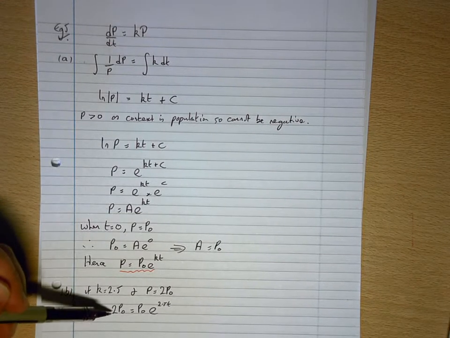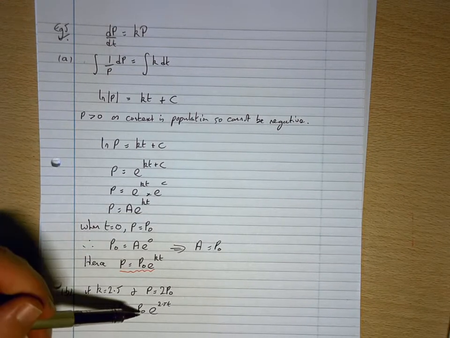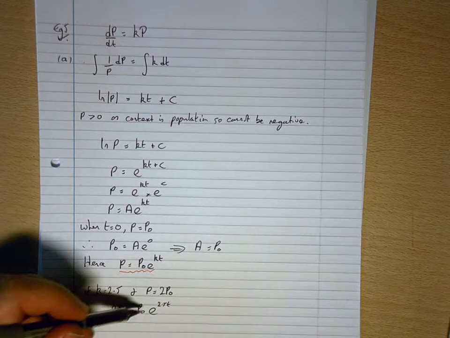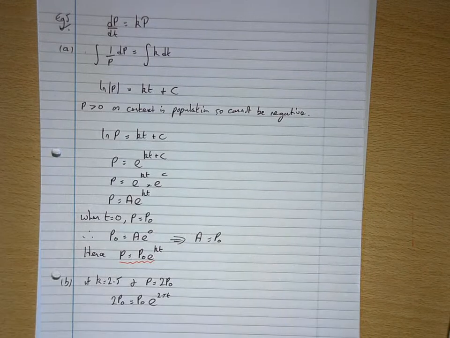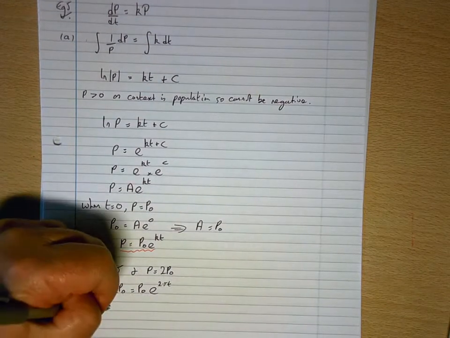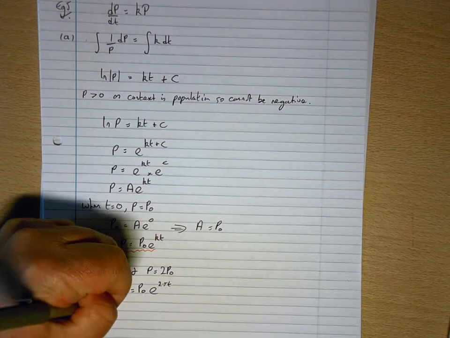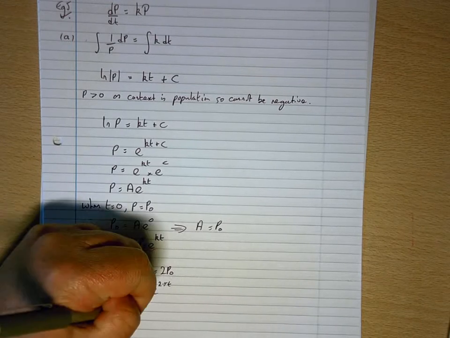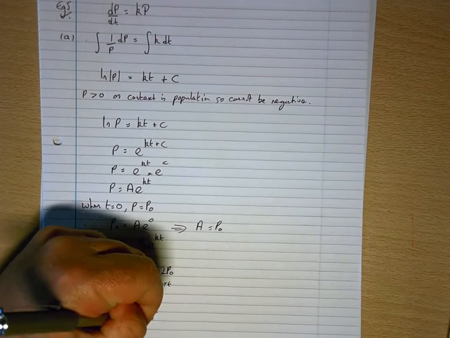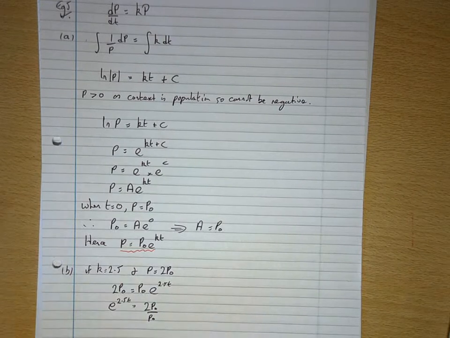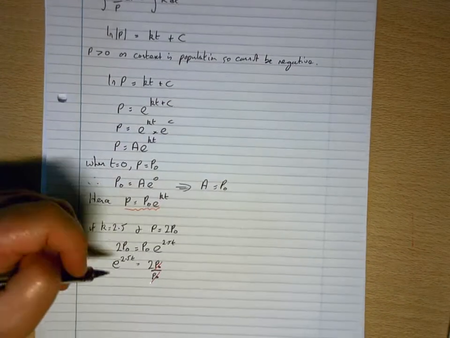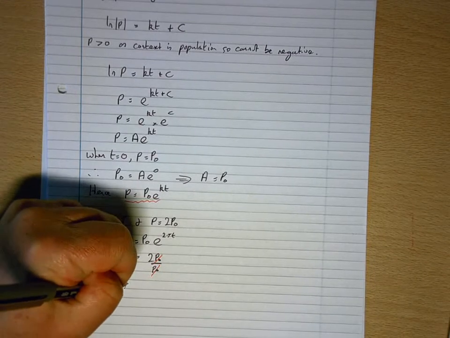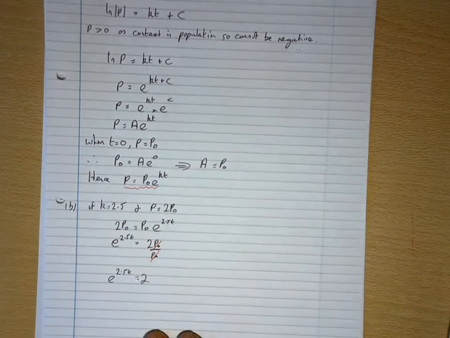I know that the population is going to be twice what it started with, and that's going to enable the P naughts to cancel. And they're telling me that k is 2.5. So e to the 2.5t will be 2P naught over P naught. P naughts cancel. e to the 2.5t equals 2.